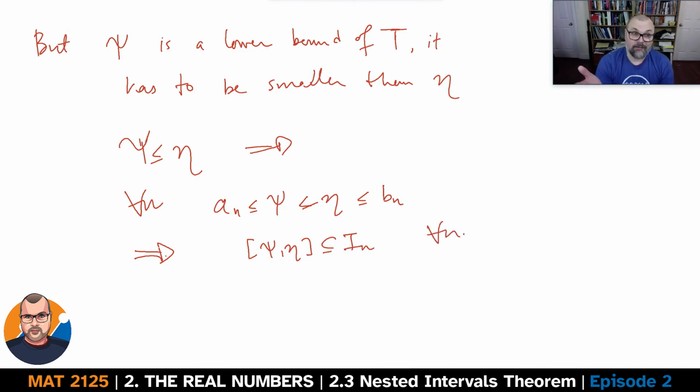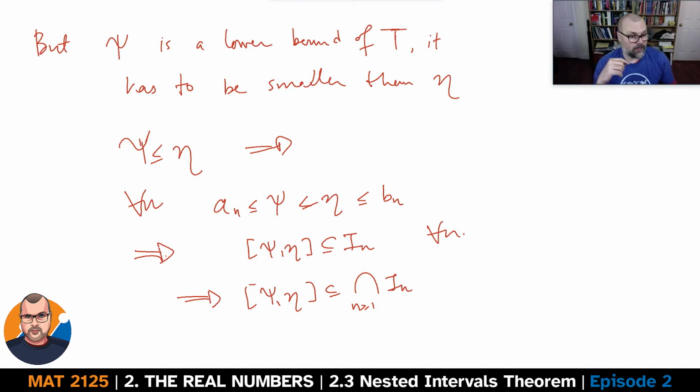What this means, if it belongs to every interval, in particular it belongs to the intersection of the In's. We're not done. We wanted to show that the intersection of the In's was equal to a closed interval. And what we've shown here is that a closed interval lies in the intersection of the intervals In.